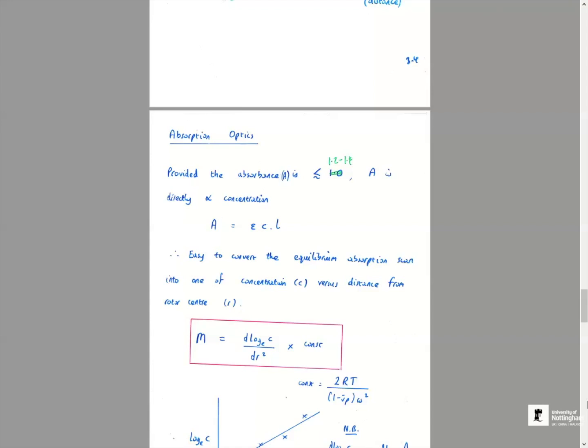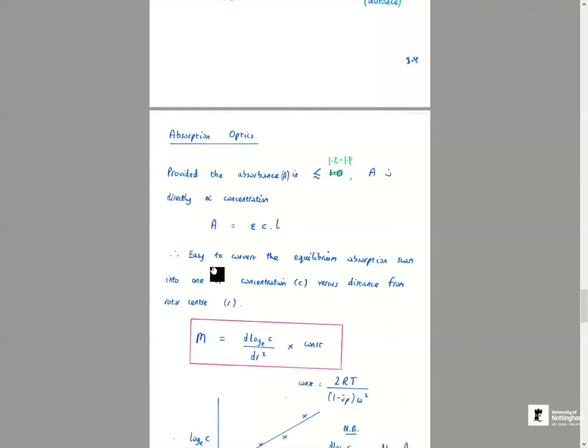Or we can use the other optical system, which is the refractive index optics, if the absorbance is too high. Right, so we use absorption optics if it's a protein, and this ties in with our chromatograph.